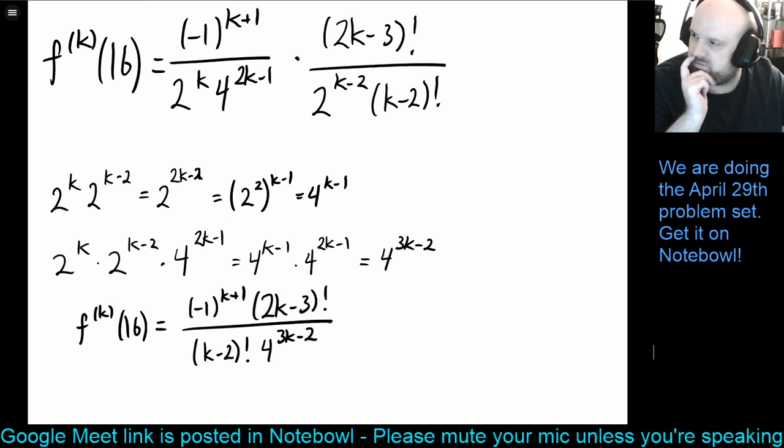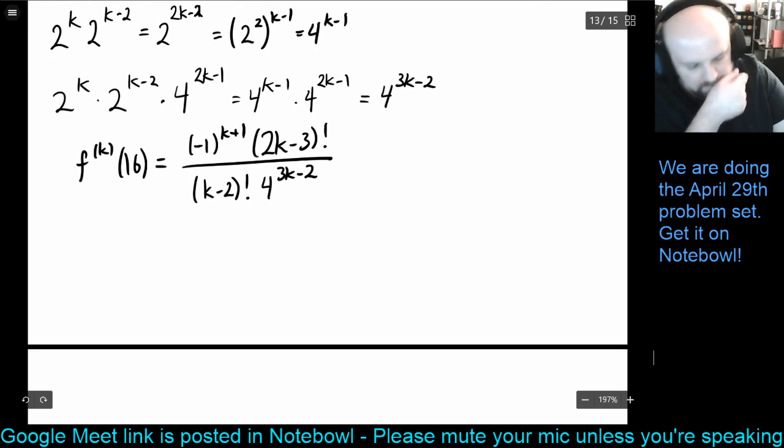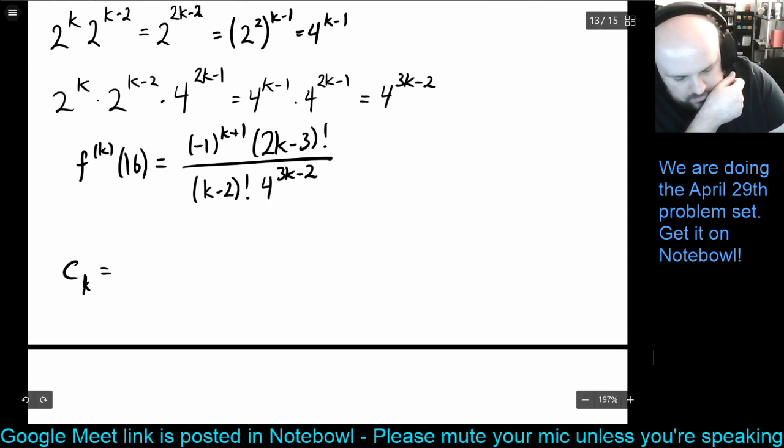Any more simplification that can be done here? So that means the Taylor coefficients, which is 1 over k factorial times this.